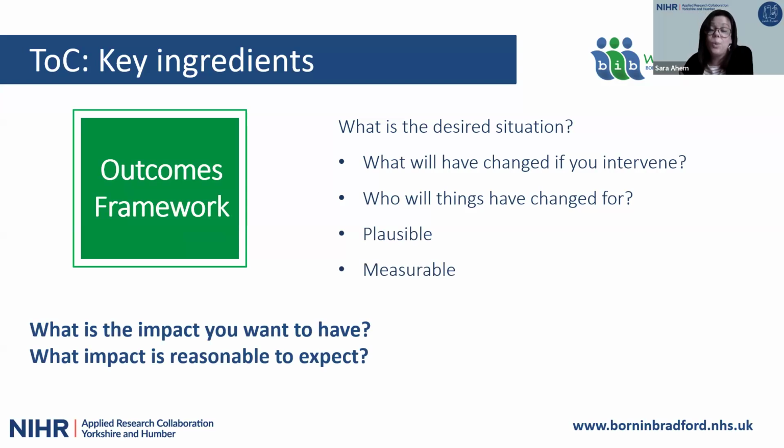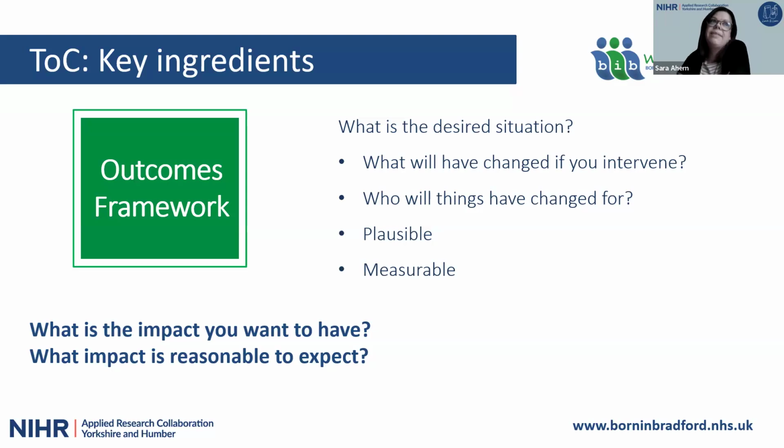So what is the impact you want to have, but also what impact is reasonable to expect? So often when I've been working with people around theories of change, and we're talking about impact, there is a real sort of wanting to change the world in a short space of time and having quite unrealistic expectations of where you might want to have impact, or just not being realistic in terms of what you can actually measure.